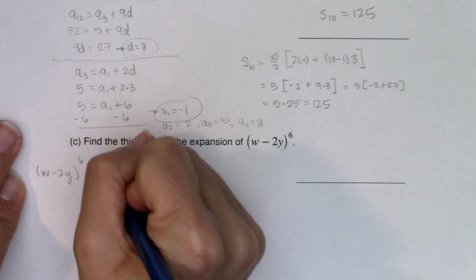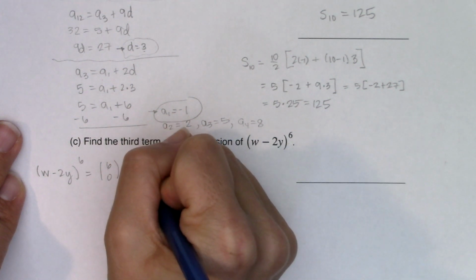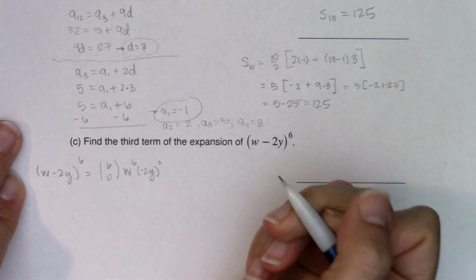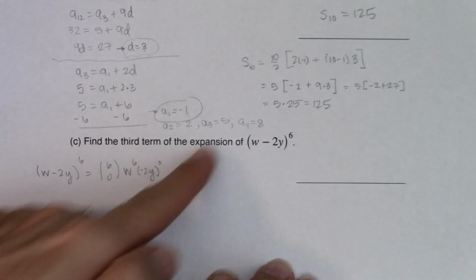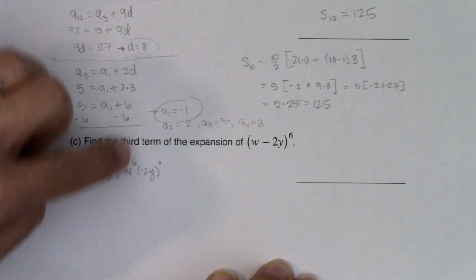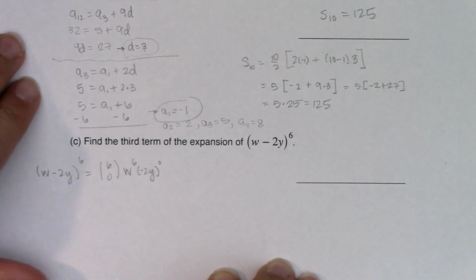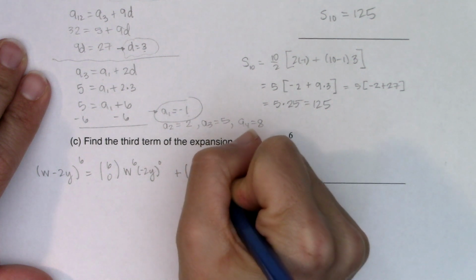So I'm going to do 6 choose 0, right? And then we're going to do the first term to the 6th, the second term to the 0. All right, and then the powers on w are going to decrease, the powers on negative 2y are going to increase, and these multipliers are going to go 6 choose 0, 6 choose 1, 6 choose 2, so on and so forth. So my second term would be 6 choose 1, all right?